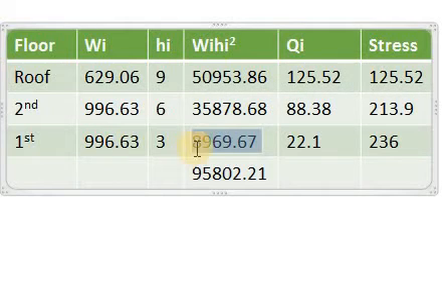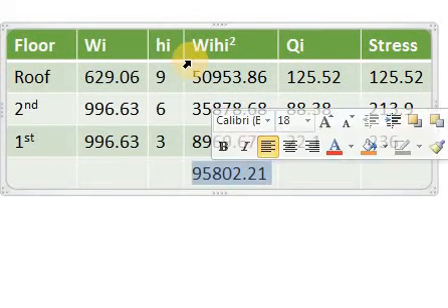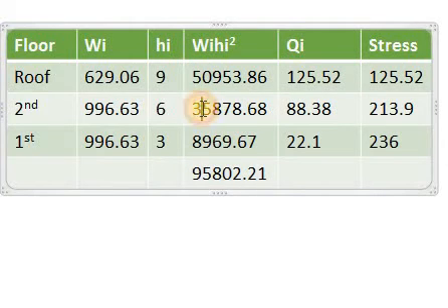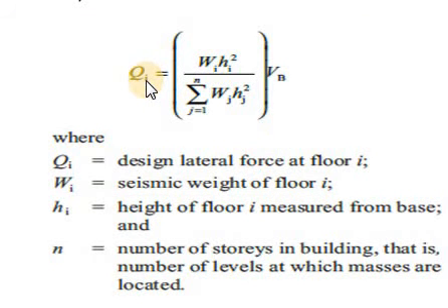Similarly, we will solve it for the first floor, second floor and the roof. Now after calculating all these values, this is the summation of this and this. Now for calculation of Qi, we will again use the calculation of Q for the first floor.